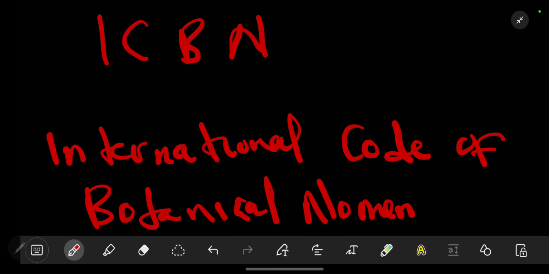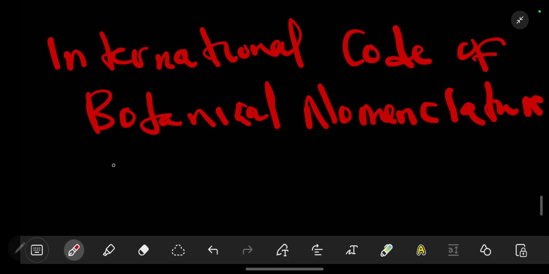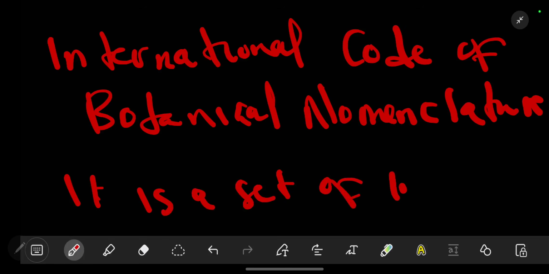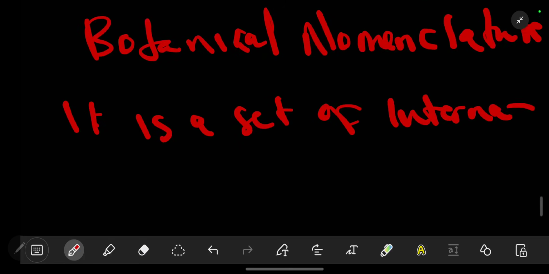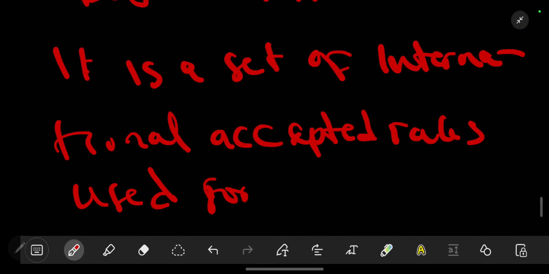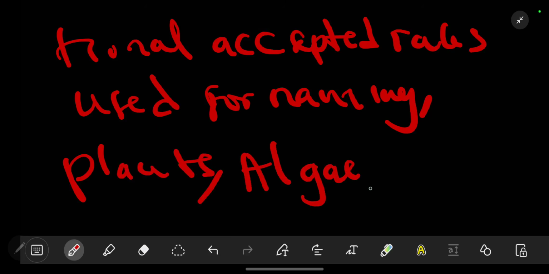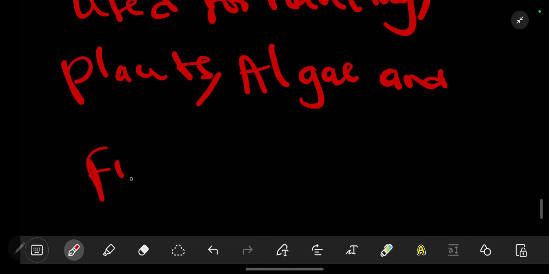It is a set of internationally accepted rules used for naming plants. So if you are naming plants, algae and fungi, you are going to use these rules.